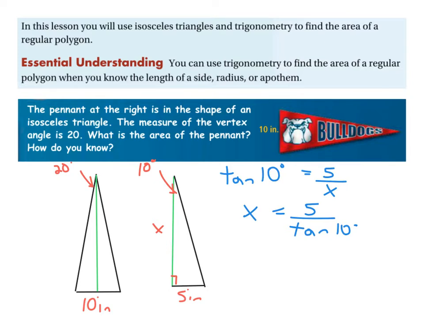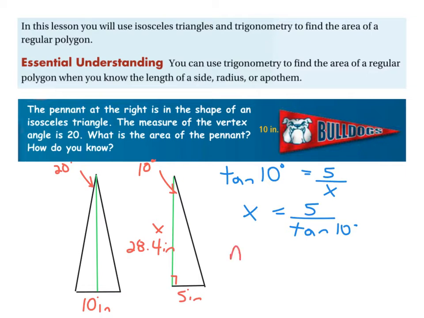Okay, so we say 5 divided by tangent of 10 degrees equals, and we get 28.356 as that side. So I'm going to round it to 28.4 approximately. So now we have 28.4 inches approximately, and if we were using the area of this, we would say one half base times height.